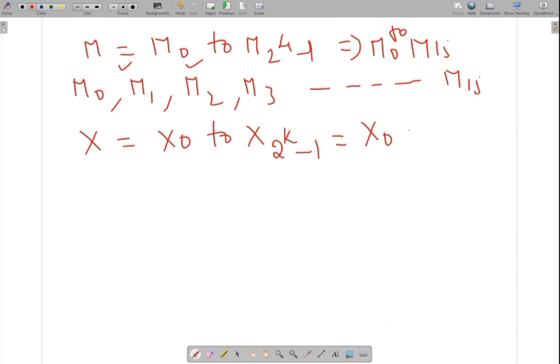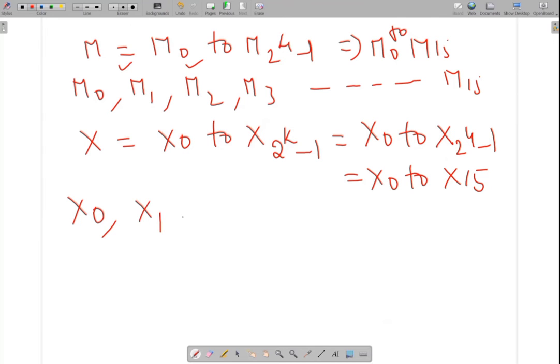Here not n, here x only. k is equal to 4. 2 power 4 minus 1, that is equal to x0 to x15. Therefore x0, x1, x2, x3, and so on and so forth, x15. M1, M2, M3.